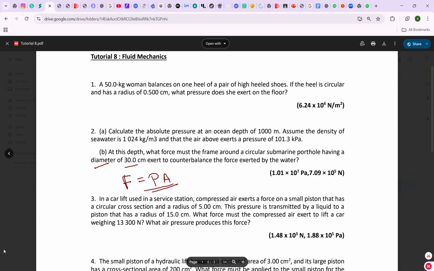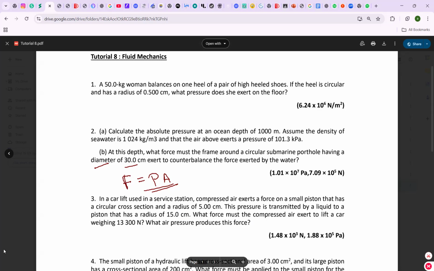So basically it's going to be pi 15 square, right? Yes. Do pi r square. My answer for the area is 225 pi.